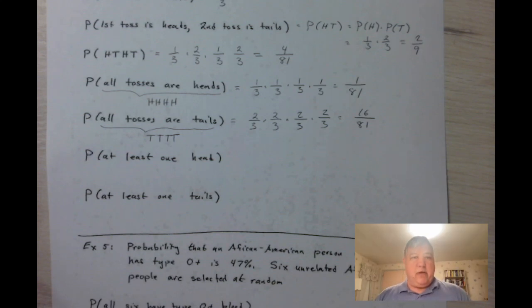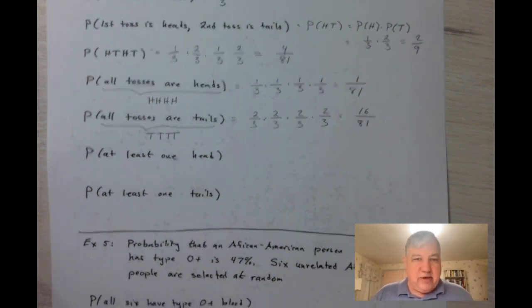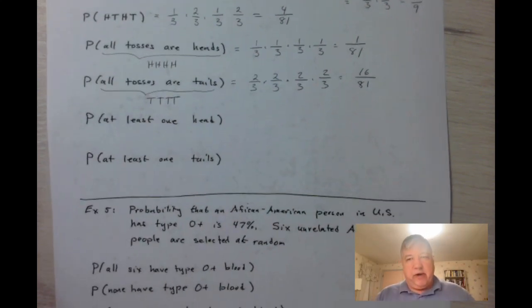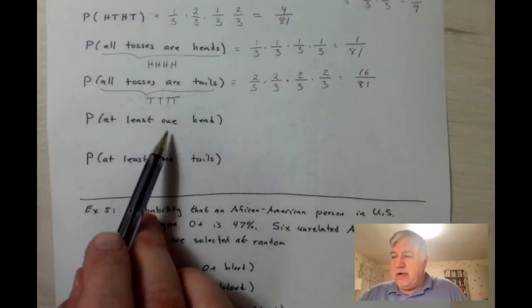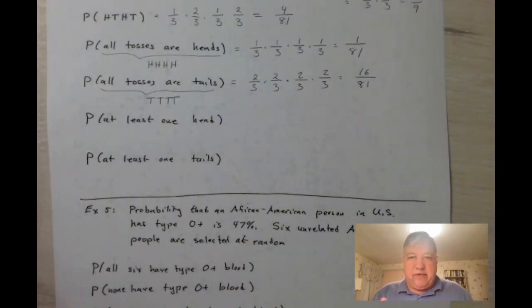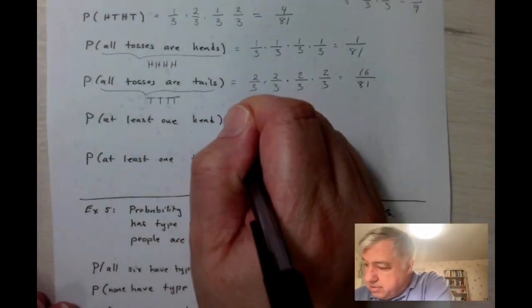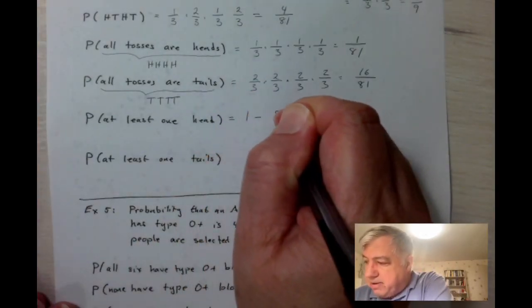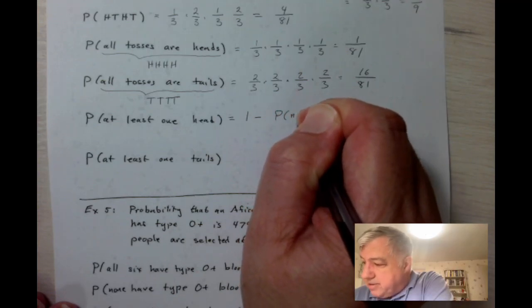Okay, well, how do we find the probability that at least one is a head? Do we have to write down all the possibilities where we get at least one head? No, we don't. Because at least one head is the complement of no heads. So this is 1 minus the probability of no heads.